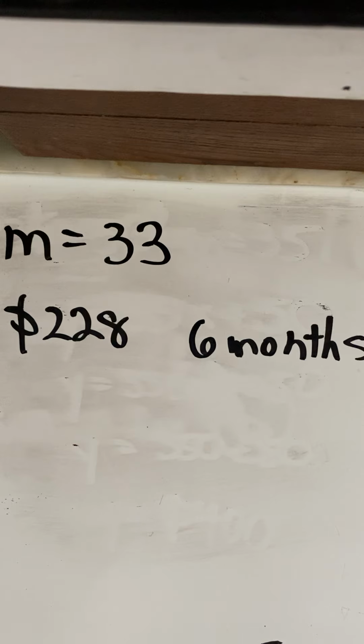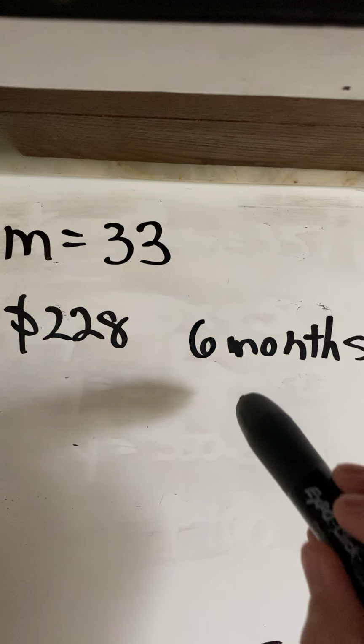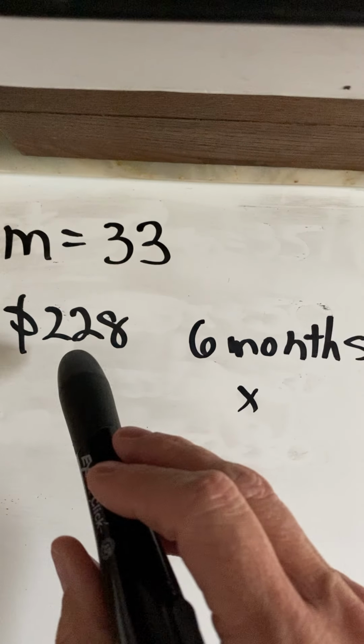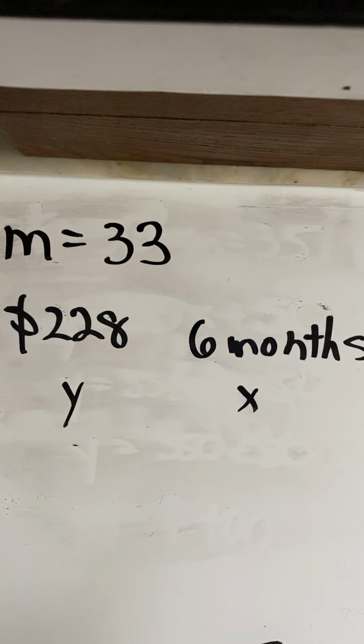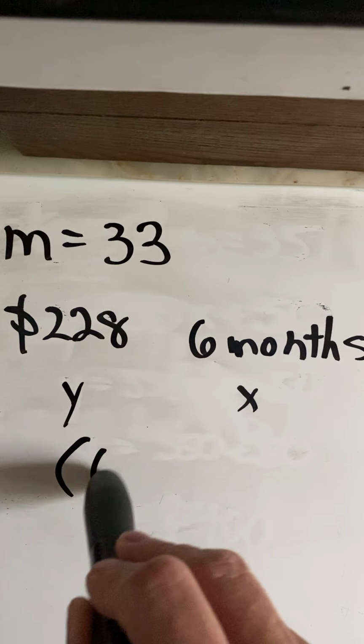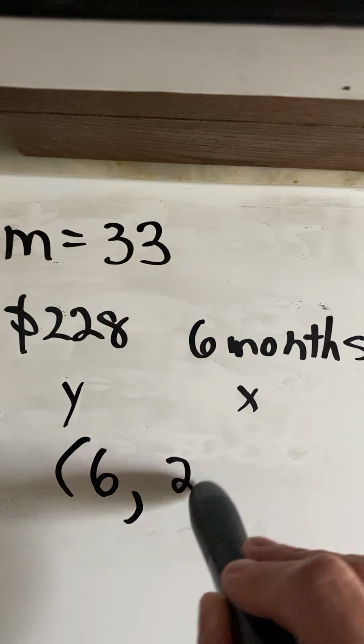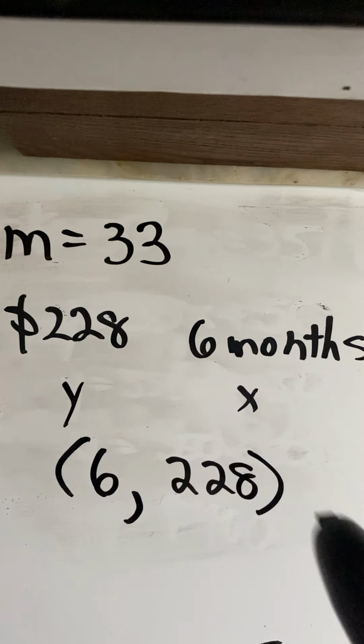Well, months is time, right, which is x. Total cost is y, which is 228. So they're giving us an x value and a y value, which is a point. So they are giving us a point, (6, 228).